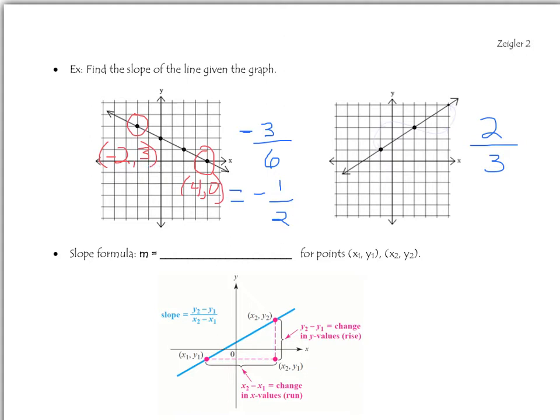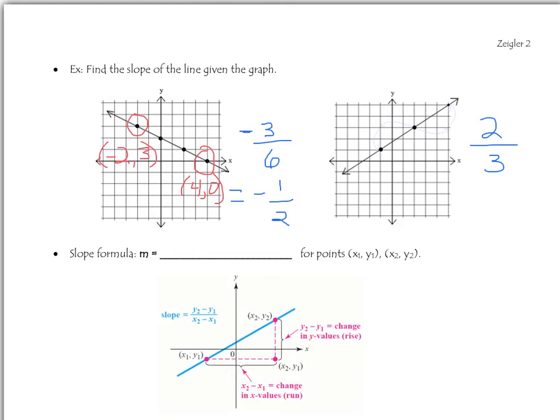So what if we were not given the graph, but we were just told what these 2 points were? There is a way to calculate that, and it's the principle of the change in rise over the change in run. So the rise is the difference in y values, and the run is the difference in x values. So if you're given a point, and we'll call it x1, y1, here we'll call it x2, y2, you can calculate the slope by simply subtracting the y's and then putting that over the difference in the x's.